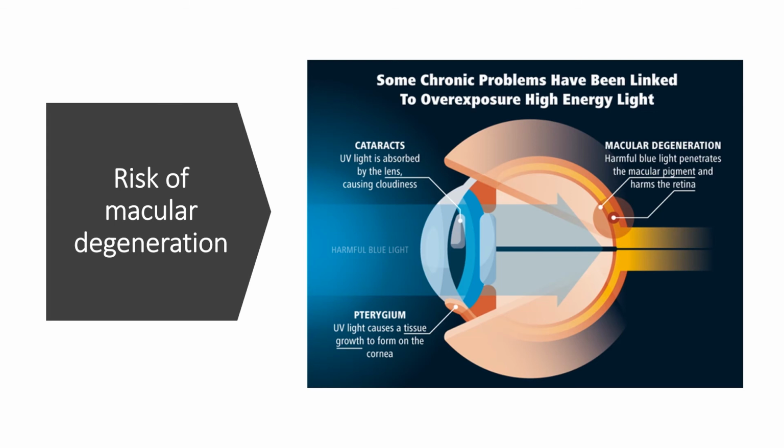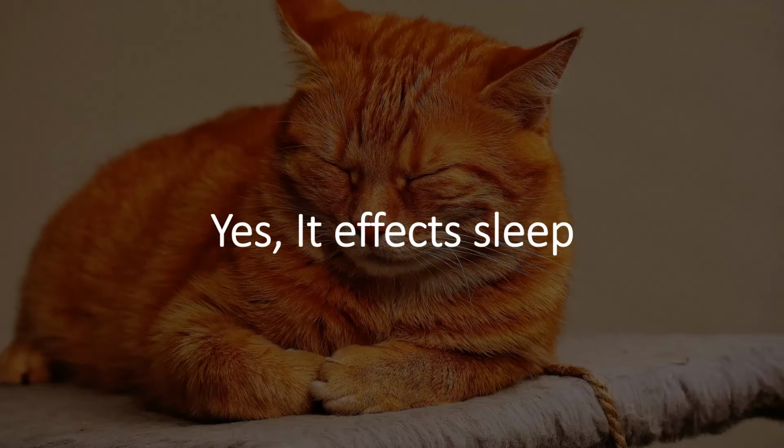And yes, it can create macular degeneration if you are overexposed to blue light. I recommend you use dark mode on specs if you are spending most of your time in front of a computer and working at night.